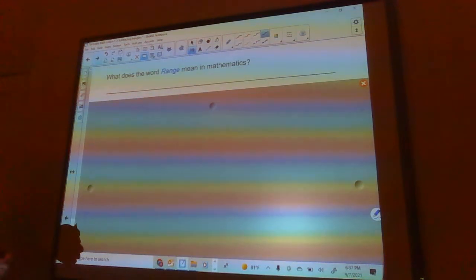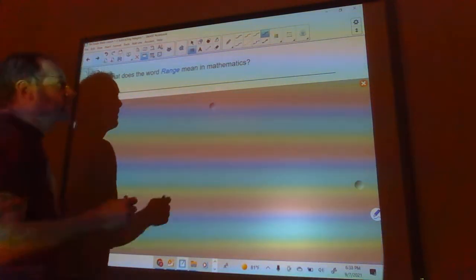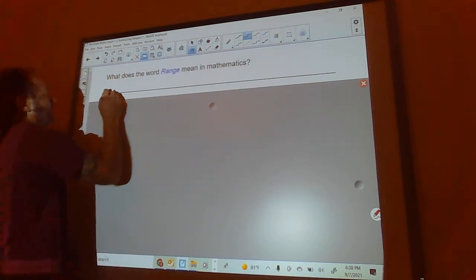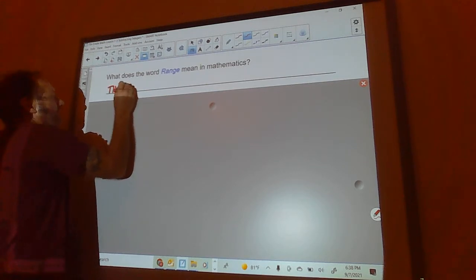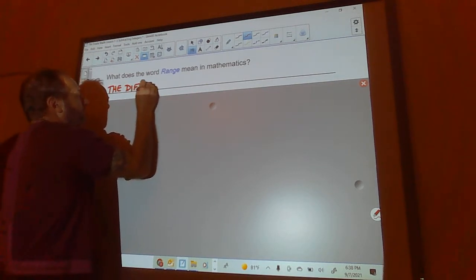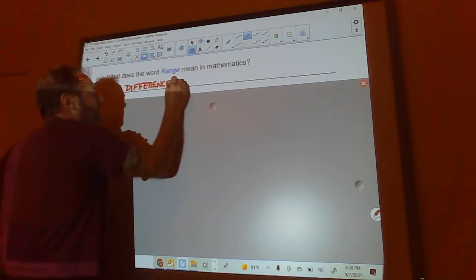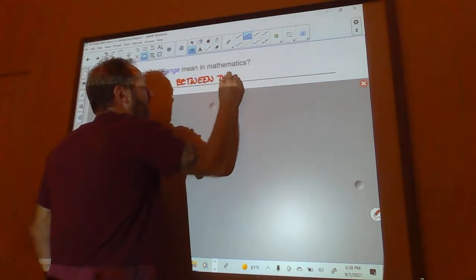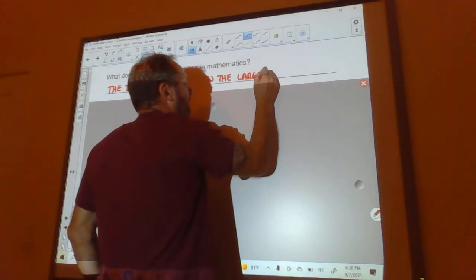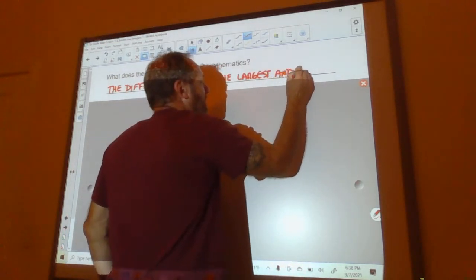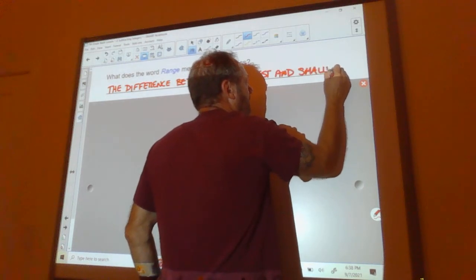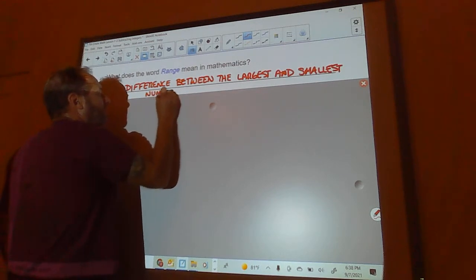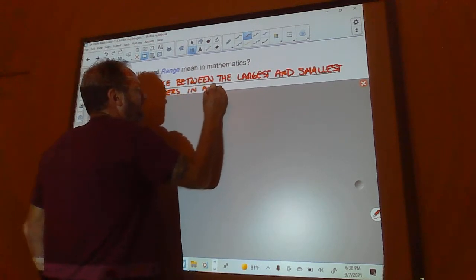All right, what does the word range mean in mathematics? The word range means it's the difference between the largest and smallest numbers in a set.